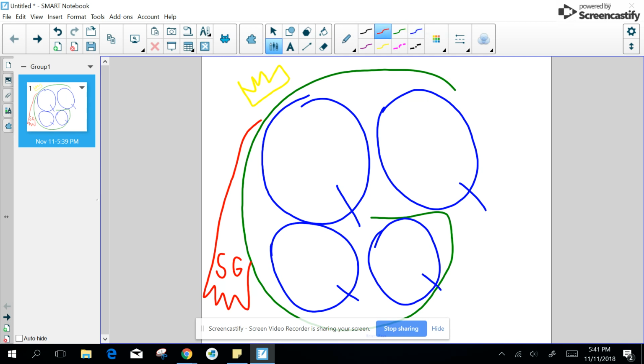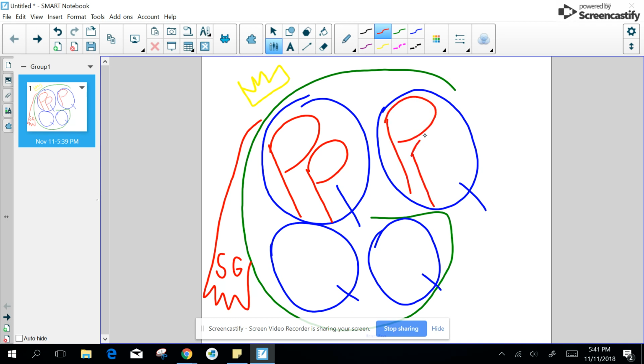And in each quart or queen, she has a prince and a princess. So the P stands for pint. So there are 2 pints in 1 quart. And then there are 8 pints in 1 gallon.